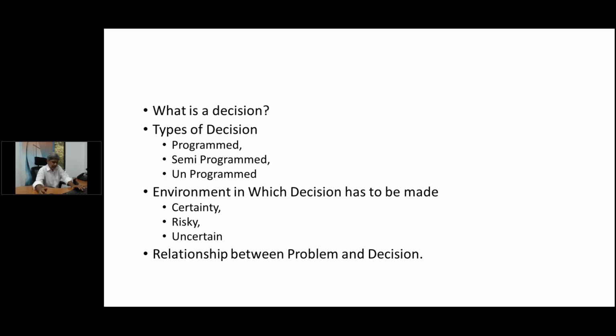And then we will discuss what are decisions, what are the different types of decisions, and then the environment in which a decision has to be made, and the relationship between decision making, decision and the problems. We will see what it is all about.